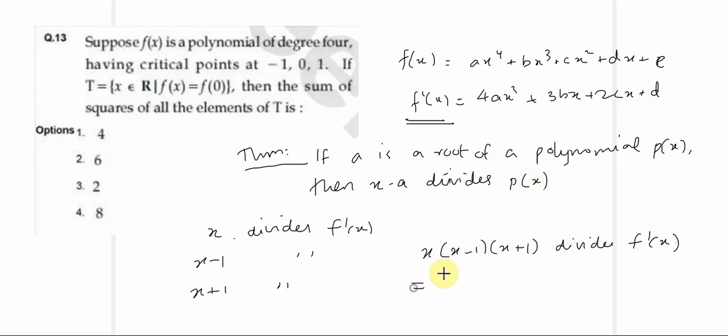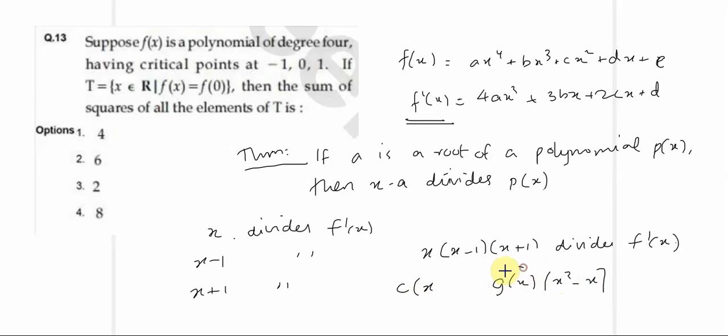Okay, now what is this? This is x into x square minus 1, which is x cube minus x. This is a cubic polynomial. So this divides f prime x, and since f prime x is also a cubic polynomial, this may be only a constant multiple of this. It can't be any g of x times x cube minus x.